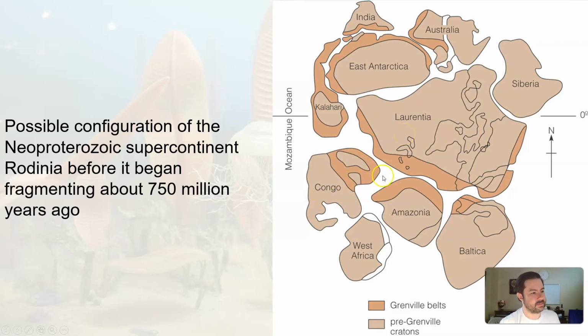And as this is breaking up, what was the Grenville orogeny kind of got taken with it to Africa. Go figure. So we can match up rock samples from North America and Africa and see at one point those two things were together. Again, this is all based on evidence, paleomagnetism evidence as well.